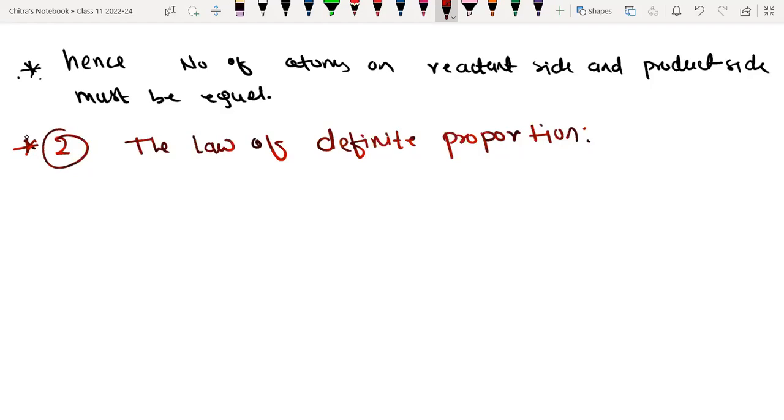Suppose I'm just taking one example here. First we have to understand the example and then we will write the statement for that. So suppose we have water from different sources.